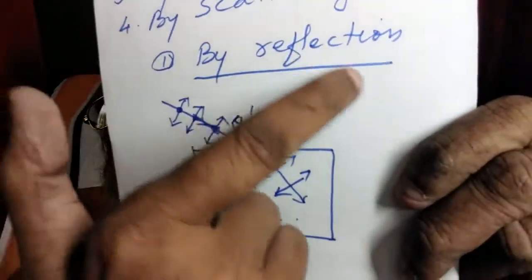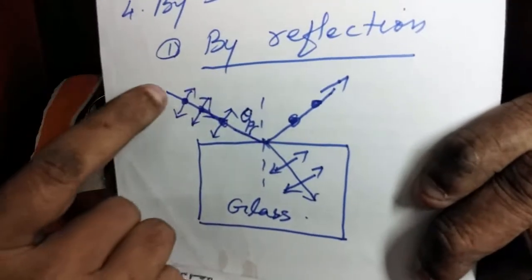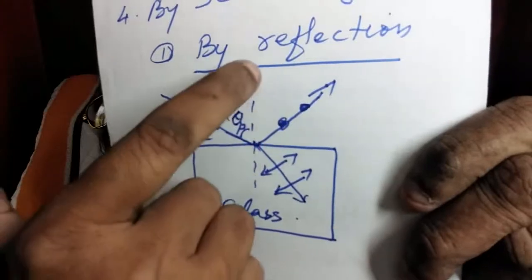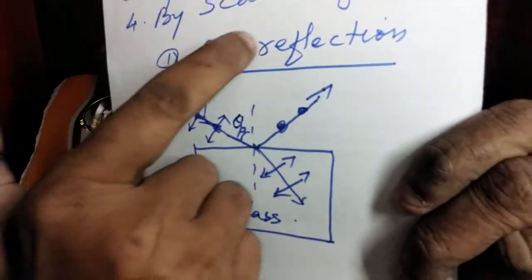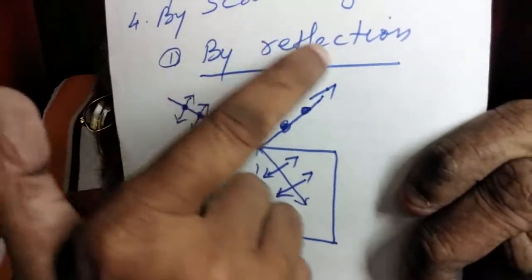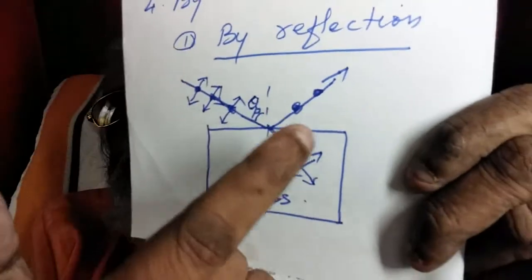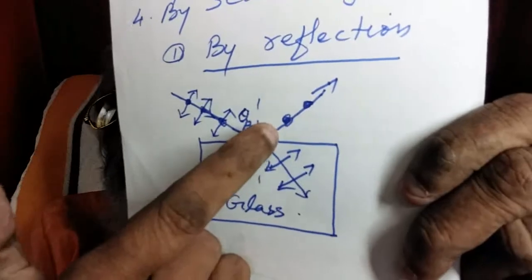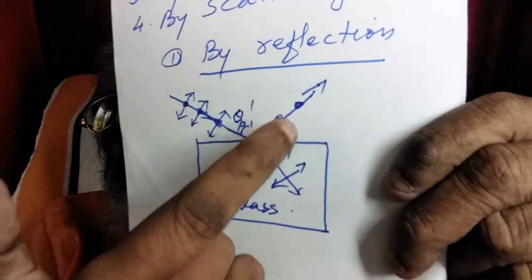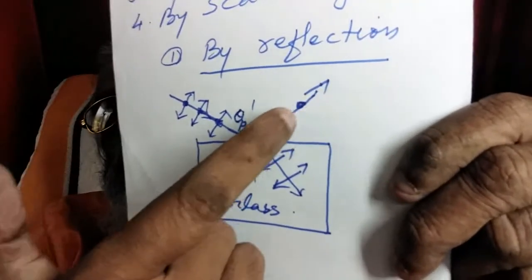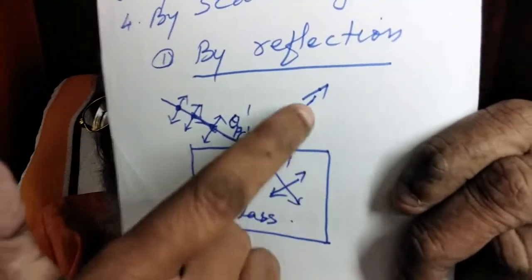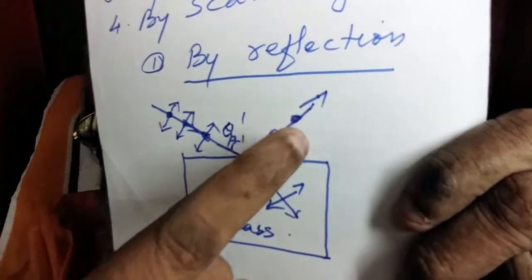Now we define this plane containing the incident ray and the normal. This plane is called plane of incidence. So the plane of vibrations in the reflected light is perpendicular to the plane of incidence.